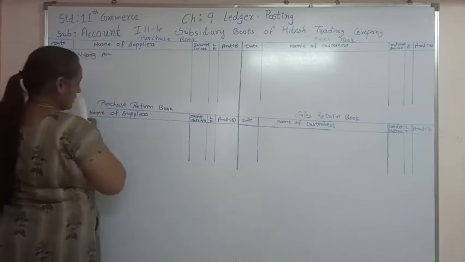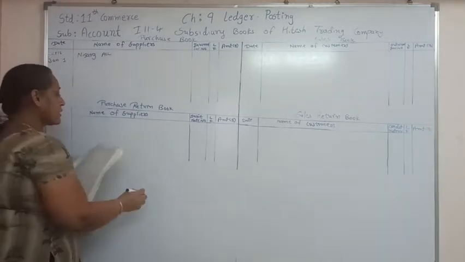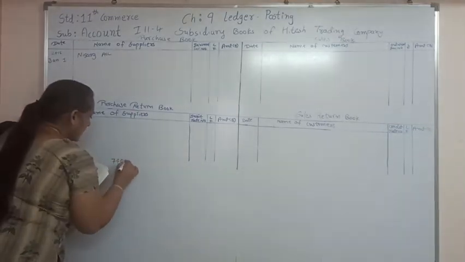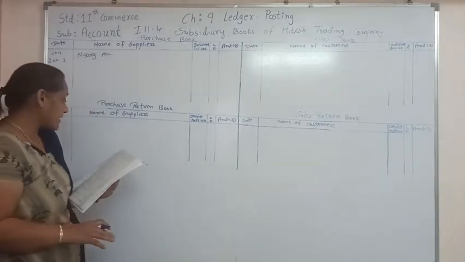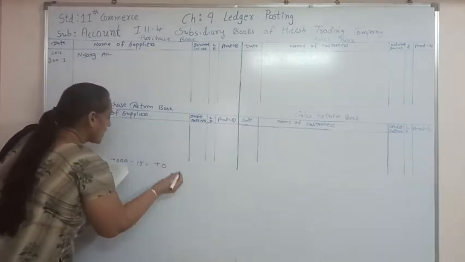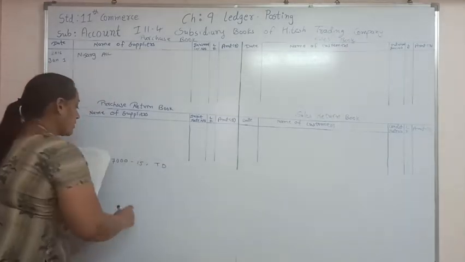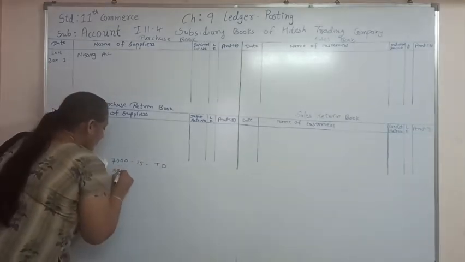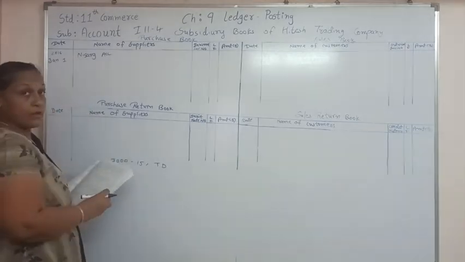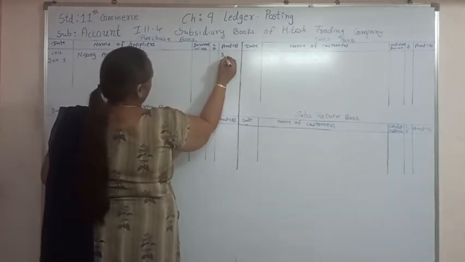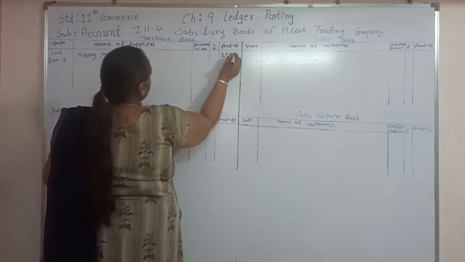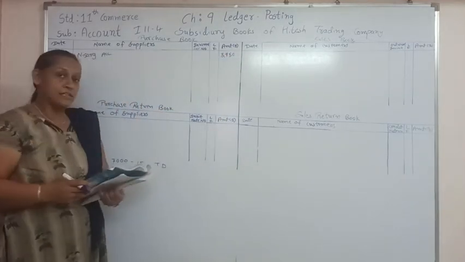And here the goods are of rupees 7,000 and 15% is a trade discount. Trade discount we do not record in the books of account. So after deducting 15%, the amount will be 5,950, that we are going to record in the purchase book, 5,950. Now let's see the second date.